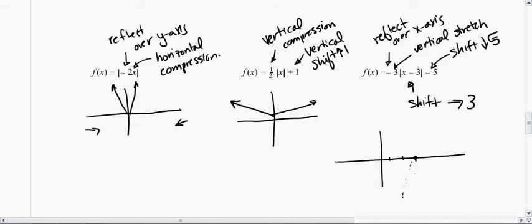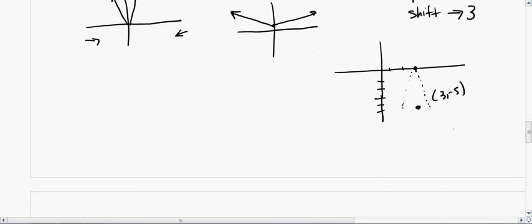So it's going to look like a skinny V. And then it needs to shift down 5. So my final graph, 1, 2, 3, 4, 5, is going to start down here at 3, -5. Be a skinny opening V.